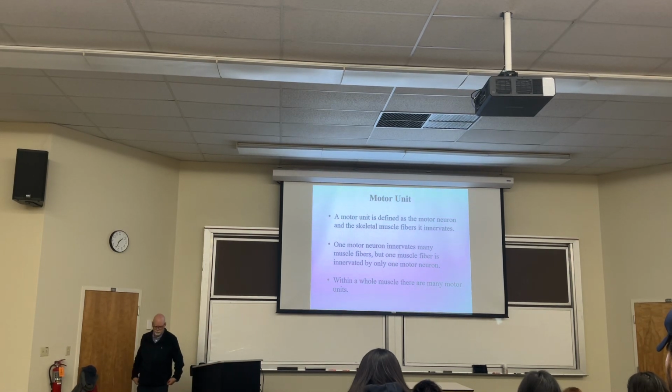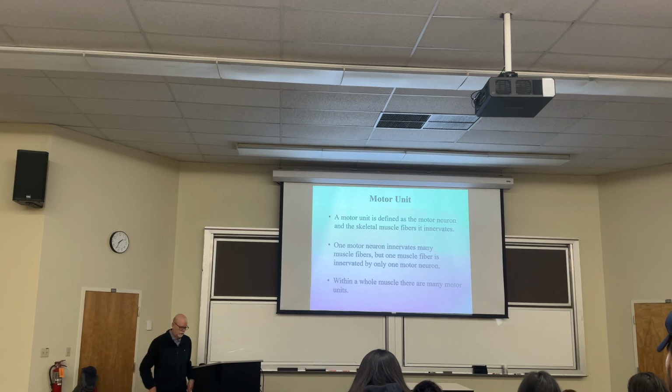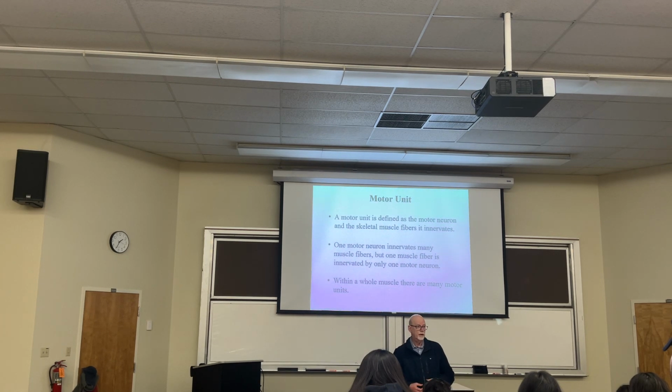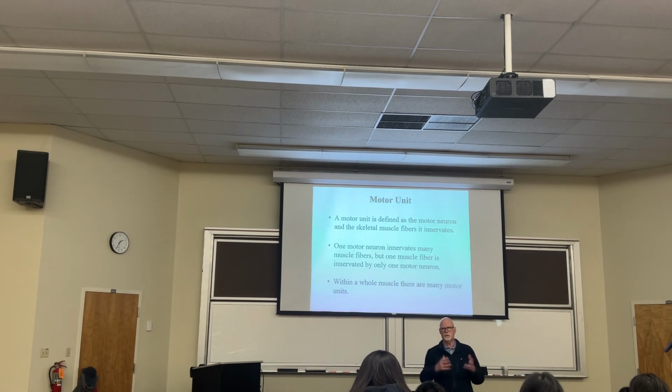A motor unit. When we have a skeletal muscle, it can have thousands of muscle cells and muscle fibers. One motor neuron doesn't innervate all of those muscle cells in the skeletal muscle.